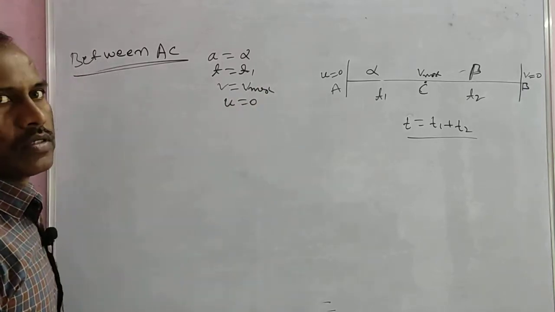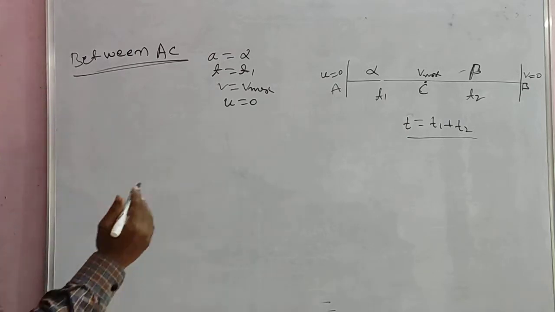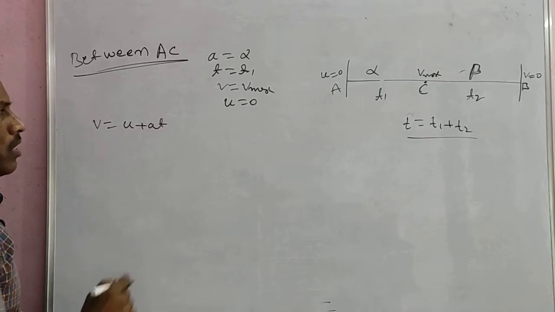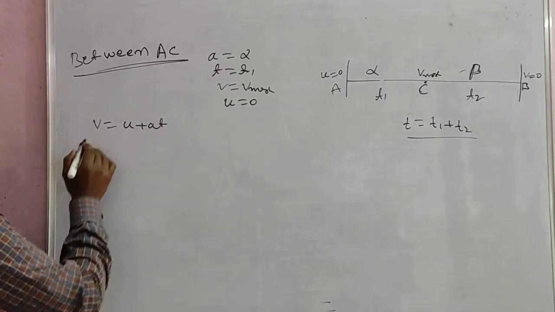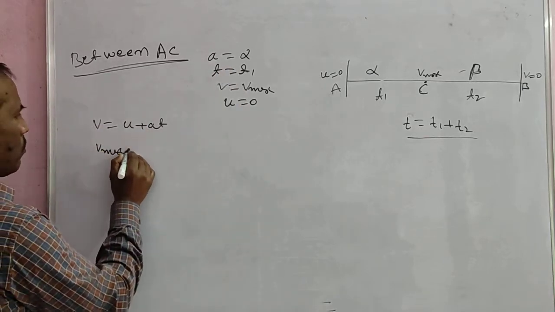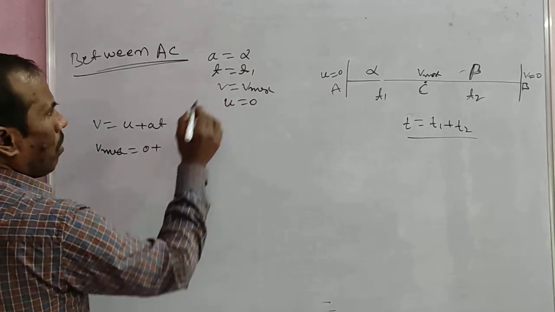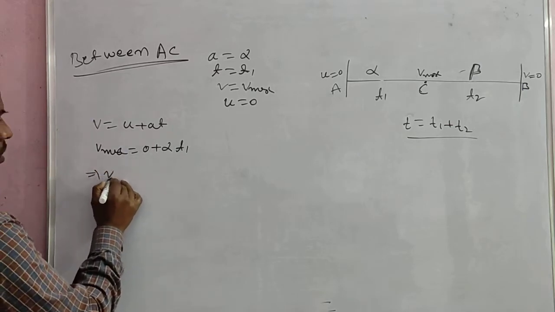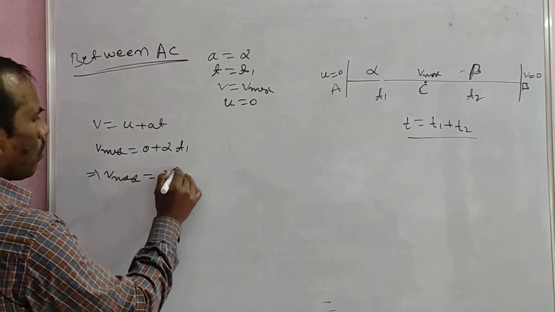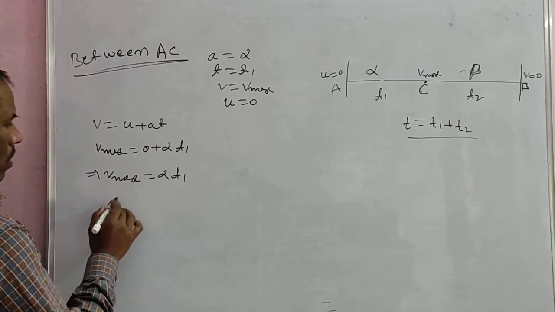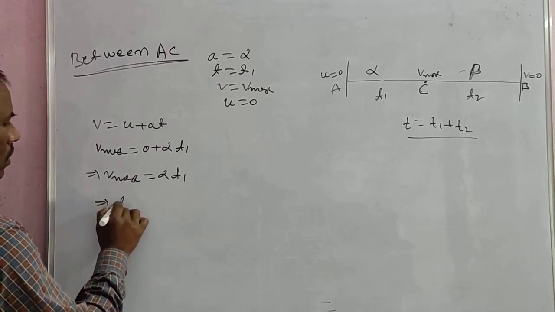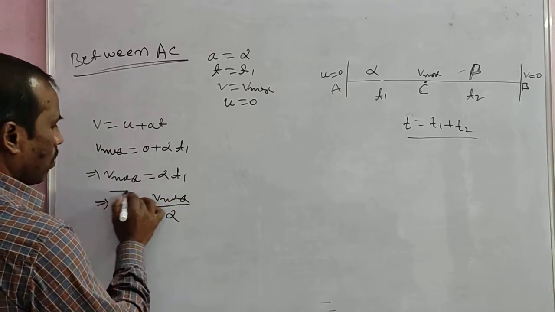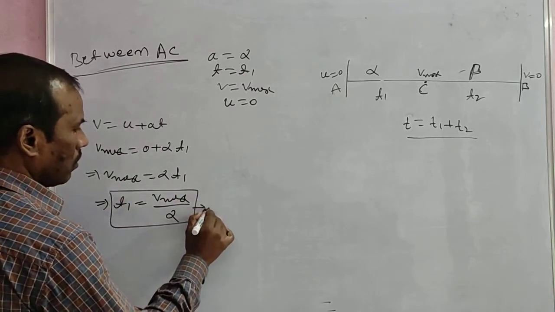Now the formula v is equal to u plus at. Substituting these values: V maximum is equal to 0 plus alpha T1, so V maximum is equal to alpha T1. Simplifying, T1 is equal to V maximum by alpha. This is equation 1.